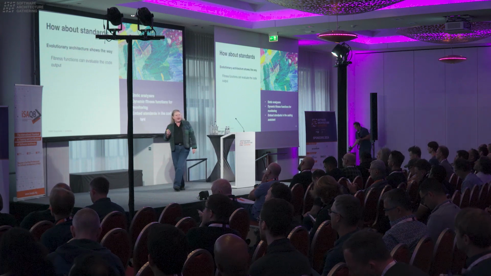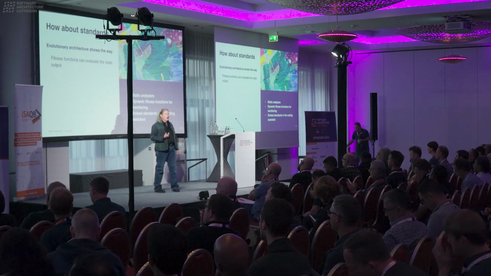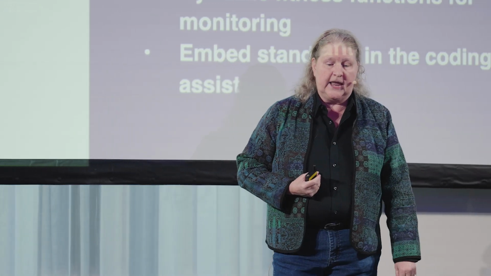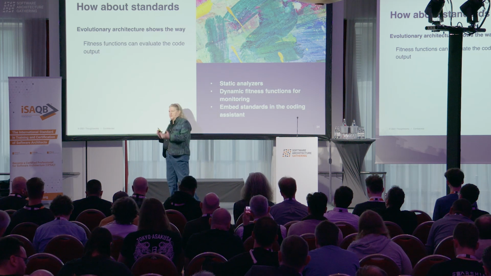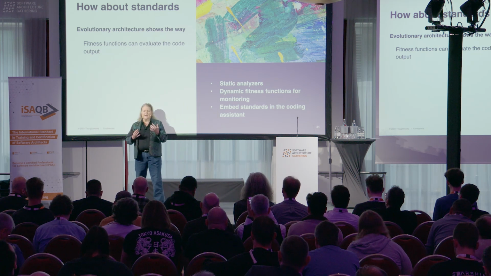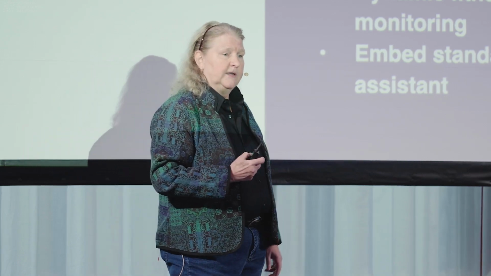And I do think we're going to have to think about new ways of communicating and encoding the standards that we have. Some of that is going to be dynamic fitness functions used for monitoring and observability. I do think it's an interesting question. Are there ways that we can use algorithms similar to what we do with documents to embed particular standards in a coding assistant?